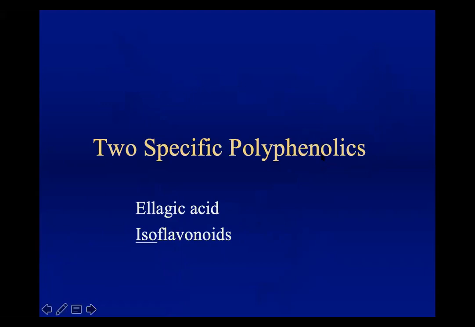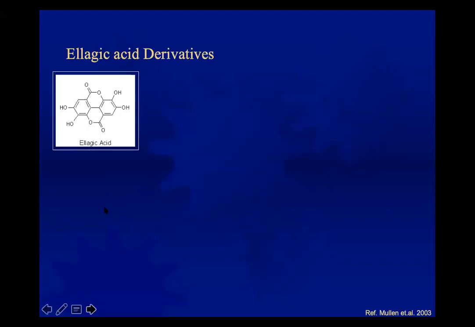Two specific polyphenolics are ellagic acid and isoflavonoids. Among the polyphenolics, ellagic acid and isoflavonoids are two specific ones, very important and found in many of our food materials. The ellagic acid structure is like this. Ellagic acid contains lots of hydroxyl groups.